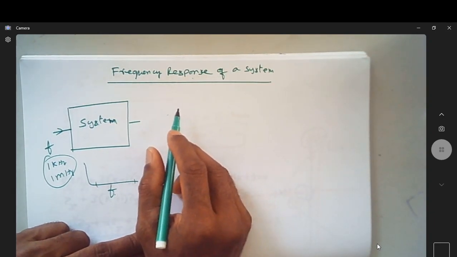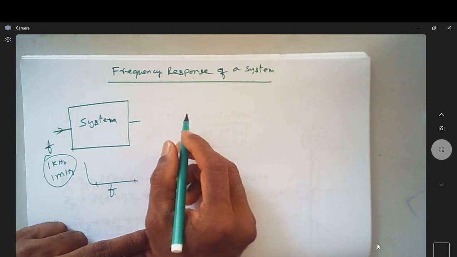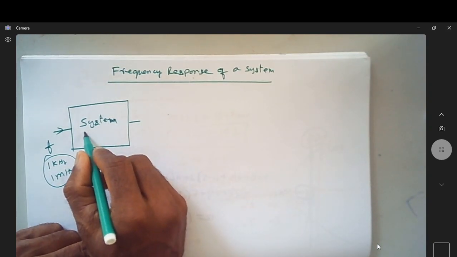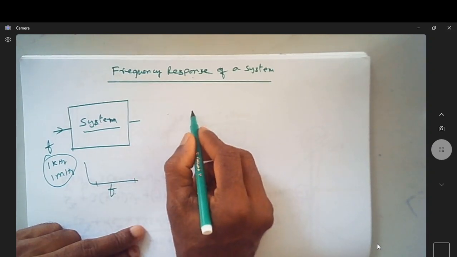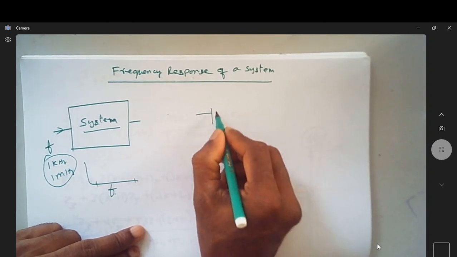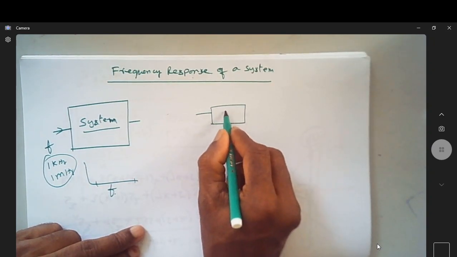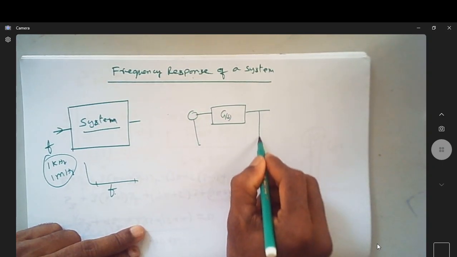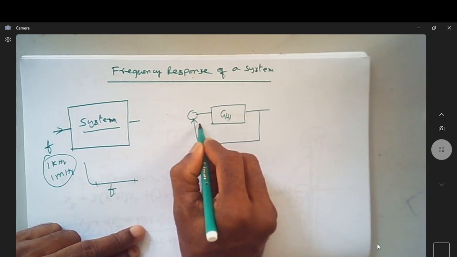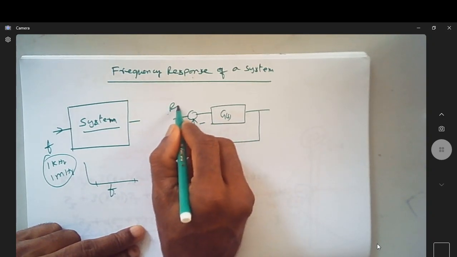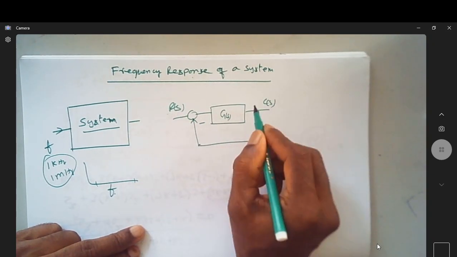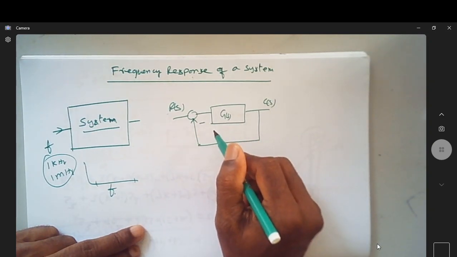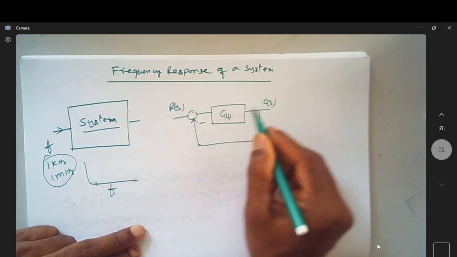Now let us straight away go to the control system, where a system has an open loop transfer function. This is G(s), and if you have a unity feedback, this is how it looks. This is minus, this is R(s), this is C(s). This has a unity feedback with a negative feedback system.